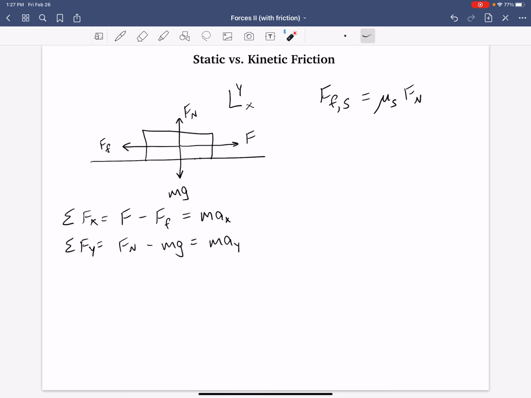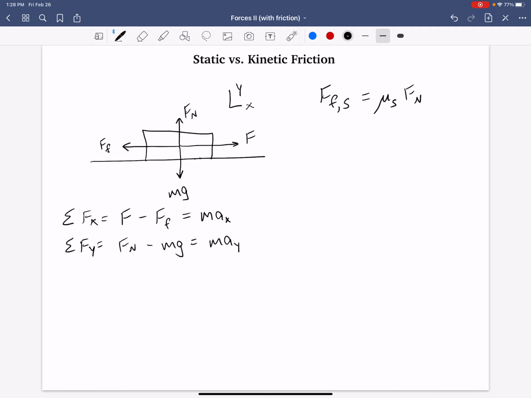However, there comes a point where you have some maximum amount that the frictional force will be able to oppose the applied force. Any stronger of an applied force and it will overcome the friction and move the box.